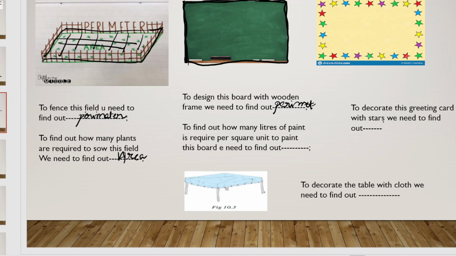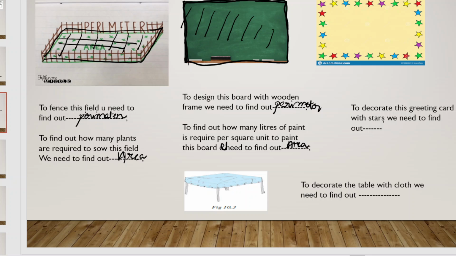Suppose you want to paint this board with black or green, then we need to find out how many liters of paint is required per square unit to paint this board. You need to find out the area, because area deals with the space between the boundaries of a closed figure.